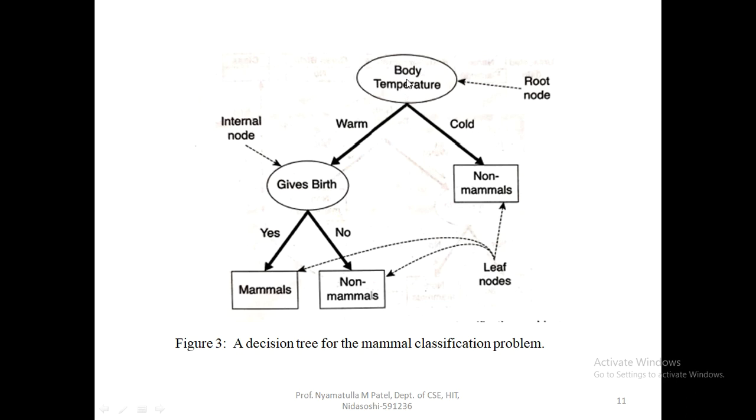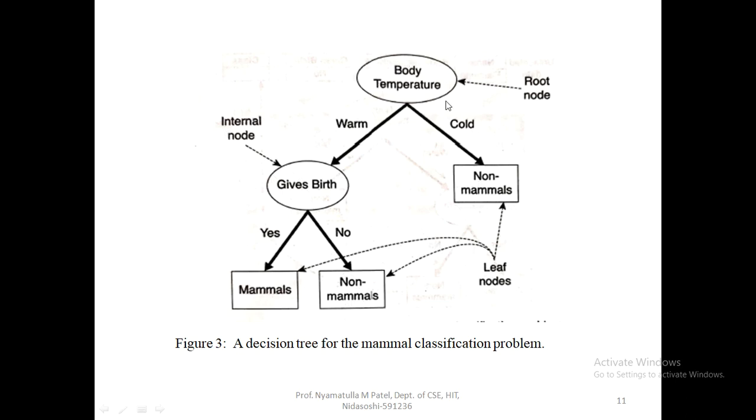Body temperature is the root node, and here a condition is tested. Gives birth, yes or no, is also a condition tested. So body temperature is the root node, whereas gives birth is an internal node, whereas mammals and non-mammals are called leaf nodes.